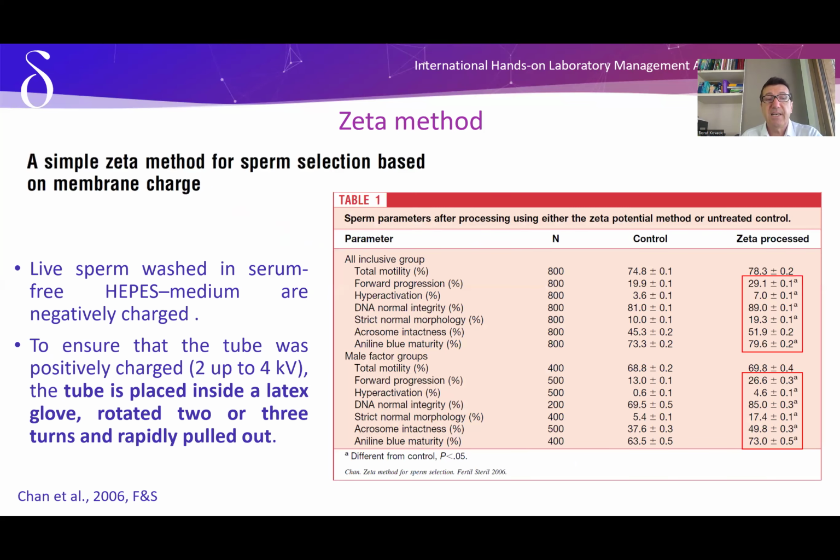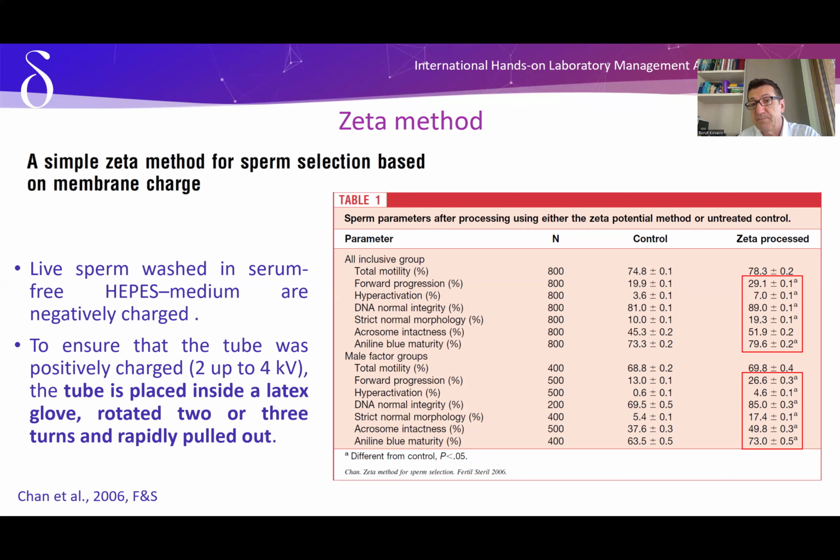The simple zeta method for sperm selection, that is based on sperm membrane charge. The principle of this method is so that live sperm should be washed in serum-free Ham's medium that is then negatively charged. And to ensure that the tube is positively charged, the tube should be placed inside the latex glove, rotated 2 or 3 times, and rapidly pulled out.